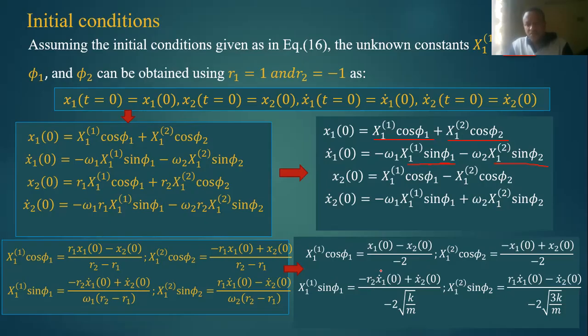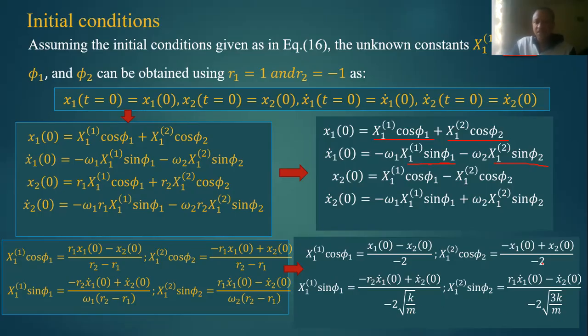Okay, so these initial conditions of the velocity and the displacement are not given numerically. Someone can take their values in terms of numeric values, then finally we can find the constants. And from this equation, omega 1 is the square root of k over m, omega 2 is the square root of 3k over m.